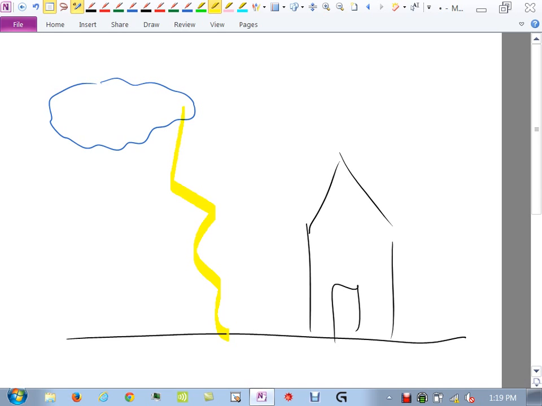So what happens with lightning is, it's a bunch of supercharged electrons. The bolt of lightning comes down into the ground, and it's so hot, it vaporizes the air. So it's like a rock thrown through water extremely fast, and it creates a column of emptiness behind it, just like the rock does.